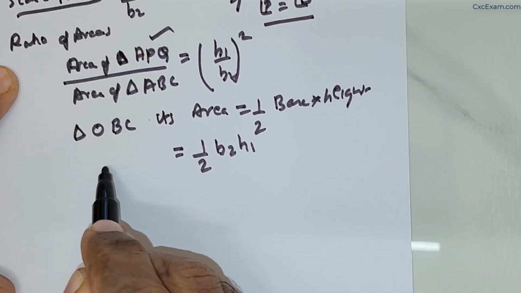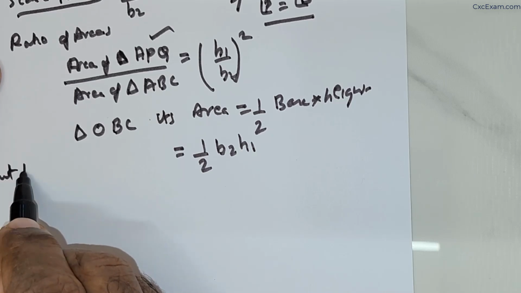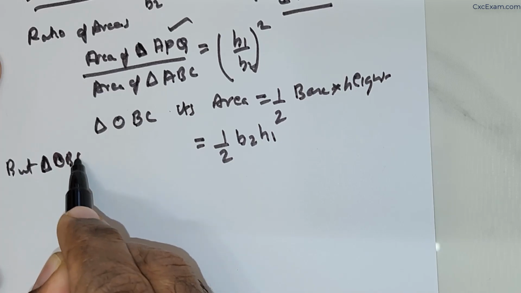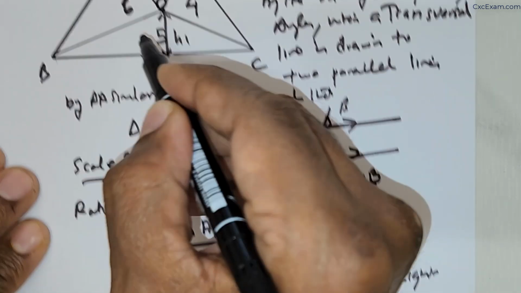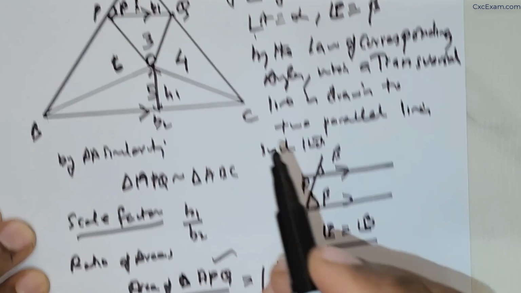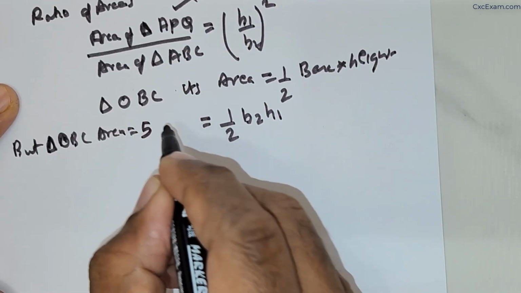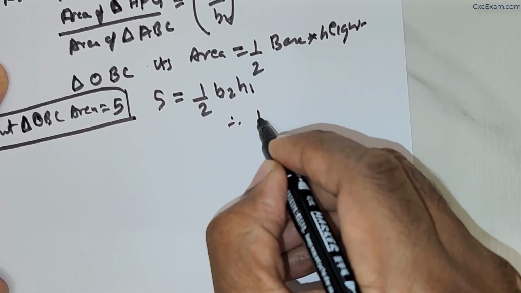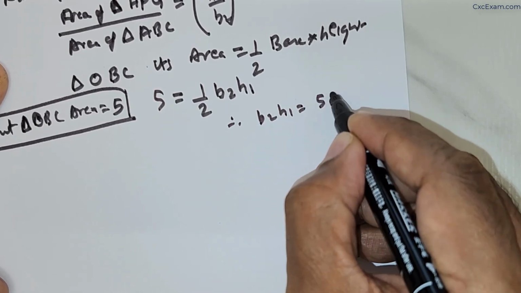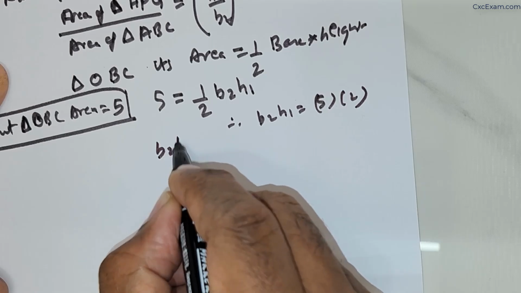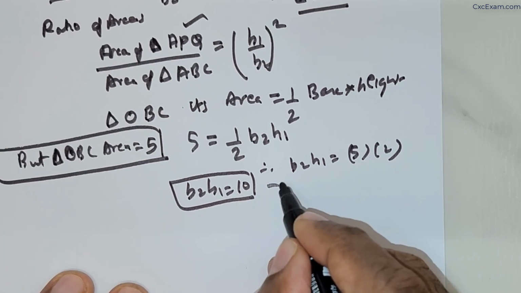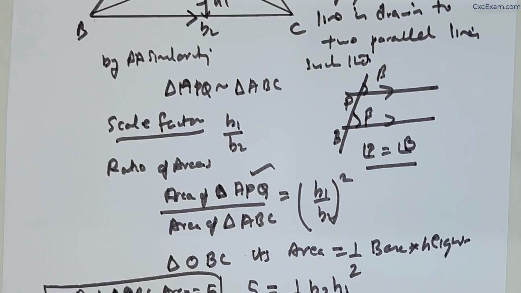Okay, but triangle OBC area is equal to how many? What value is being given? How much is the value that you see there? It's 5 units. So this is going to be 5. So therefore B2H1 is equal to 5 times 2. So B2H1 is equal to 10 units. I take this as 1. Right?